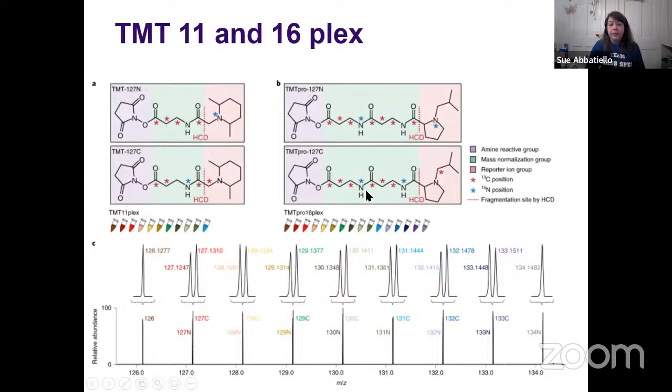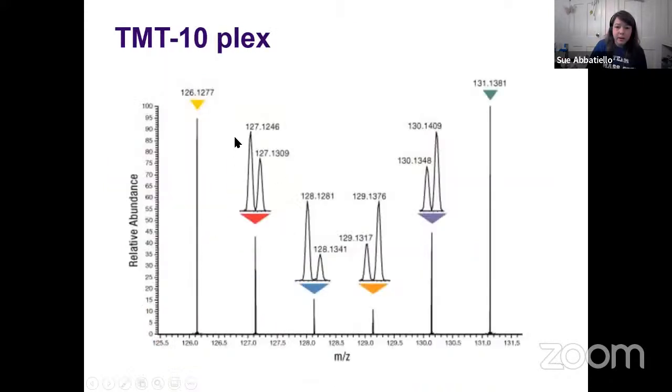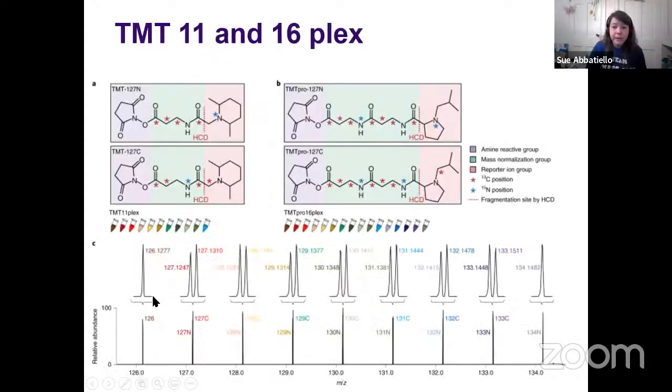Okay, and then for the instruments that can go to higher resolving power, up here, this was showing 4 pairs of reporter ions that are close in m/z, but now Thermo has developed these TMT kits where it's a lot more. And so you're able to, again, multiplex more samples all at the same time.